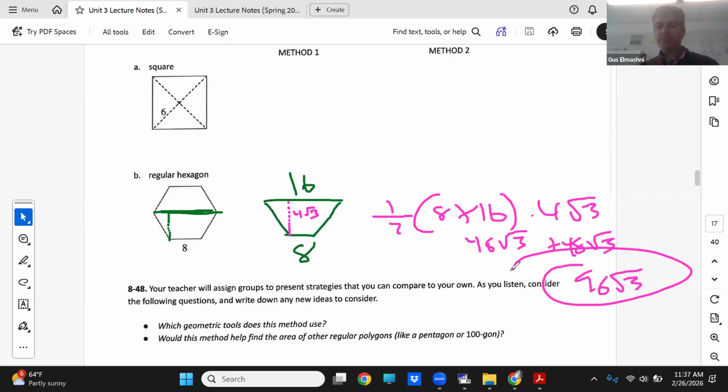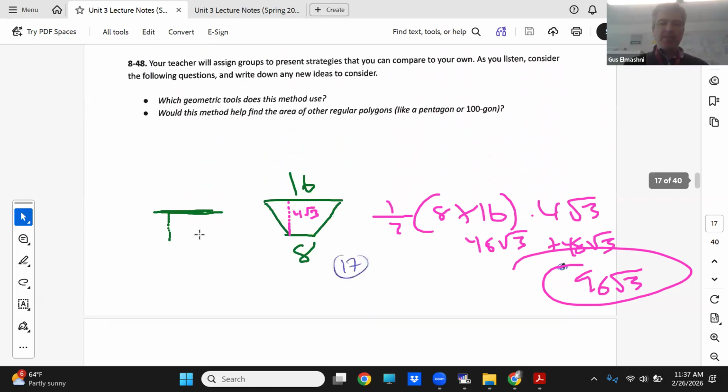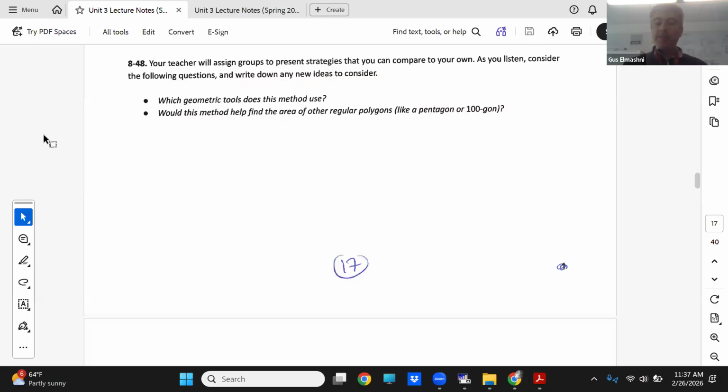Cool? All right. Okay, so I think we had a discussion. I don't need you guys to teach this, so let's just move on. Or actually, let's look at 840 really quickly. Which geometric tools does this method use? Well, definitely triangles. That's not really a tool, but we use our triangle knowledge.